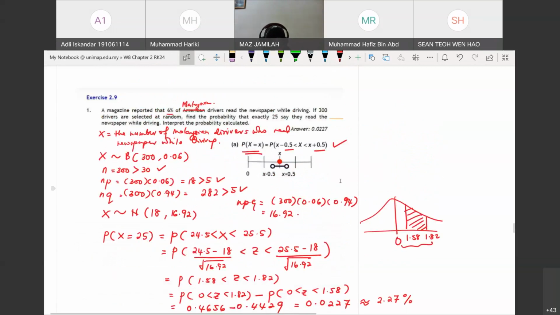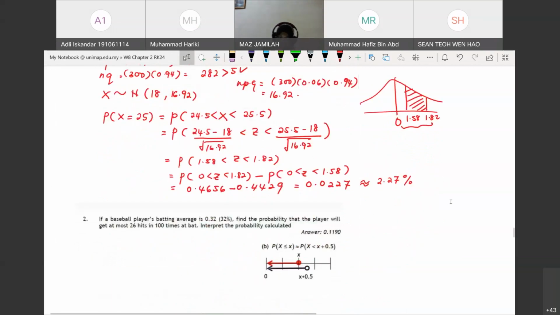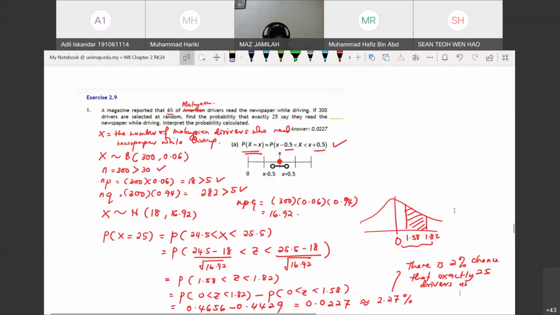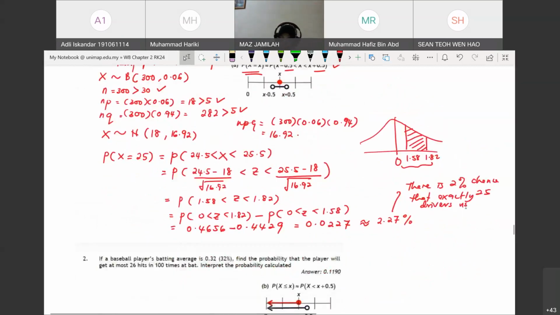Now, have we answered all the questions? Interpret the probability calculated. In this case, what can you say about the probability value? There is a 2% chance that exactly 25 drivers read the newspaper while driving.